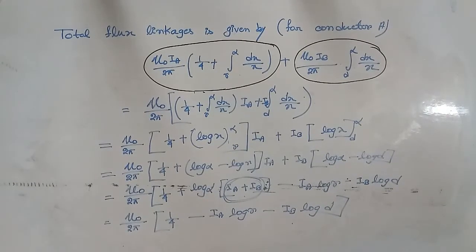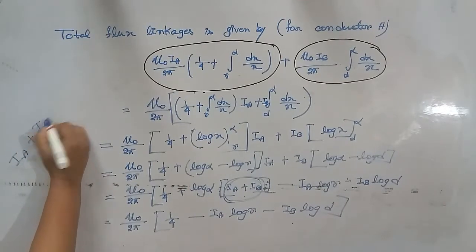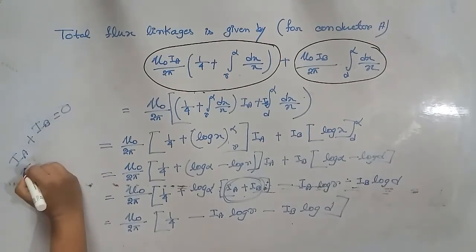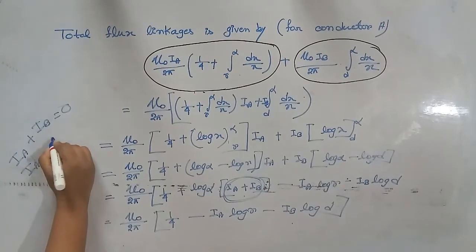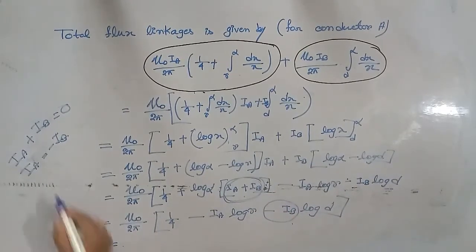Now what is IA plus IB? IA plus IB equals 0, so we can write IA equals minus IB. So in place of minus IB we can write plus IA.